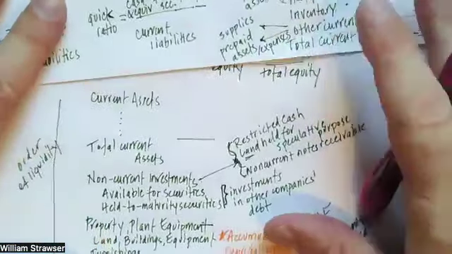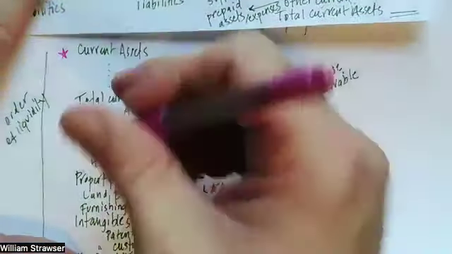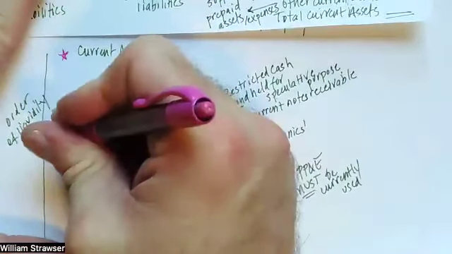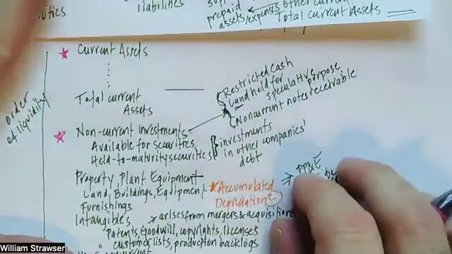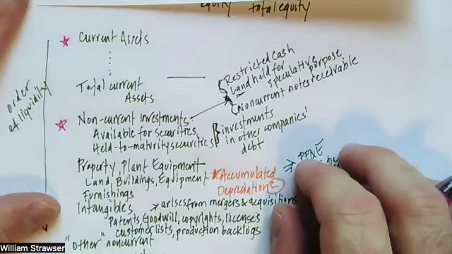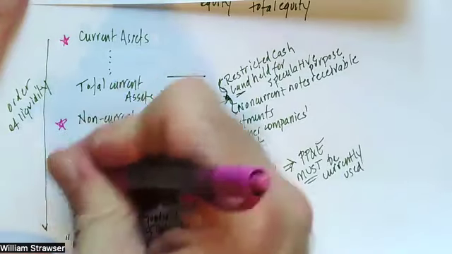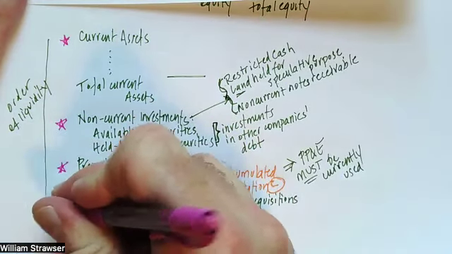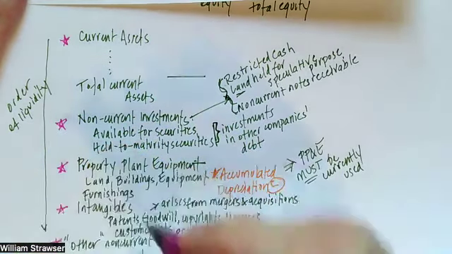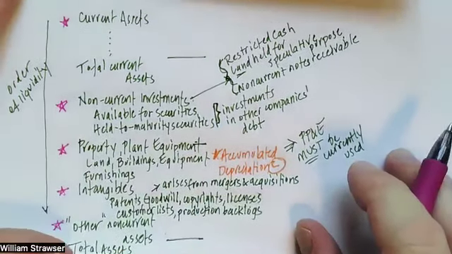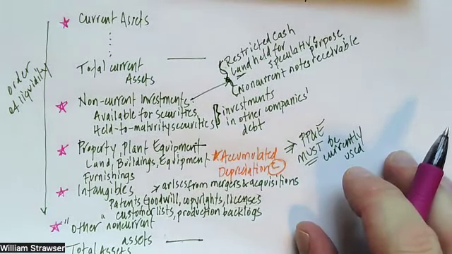Then it's just about knowing the major categories of assets. Current assets is a major category, it comes first. Non-current investments is another major category, tends to be the next. Then property, plant, and equipment, intangibles, and then finally other non-current assets. You don't have to worry about what's in that for now.